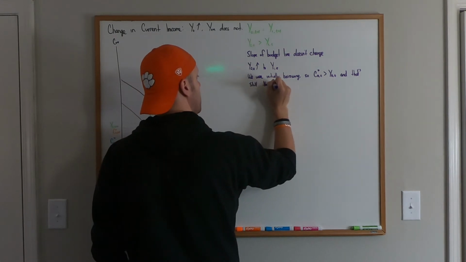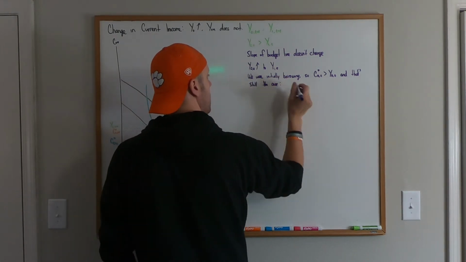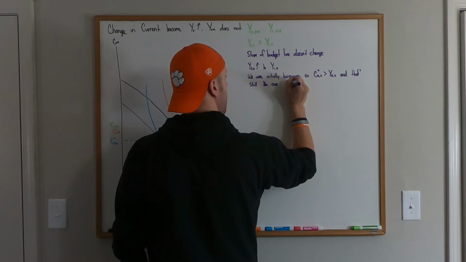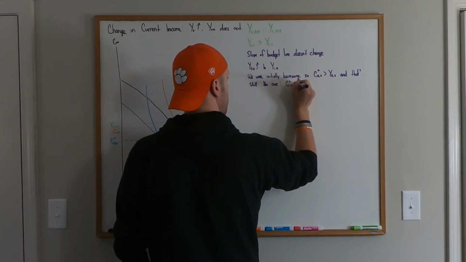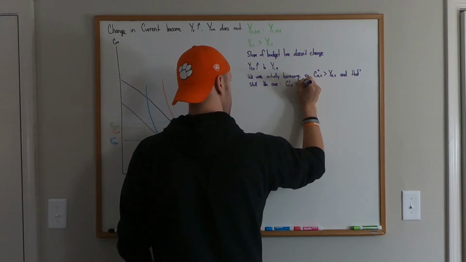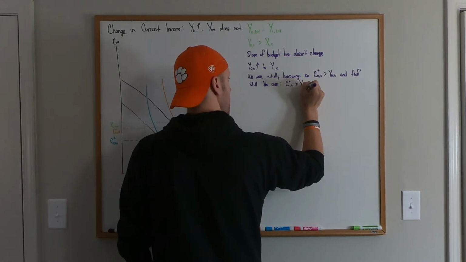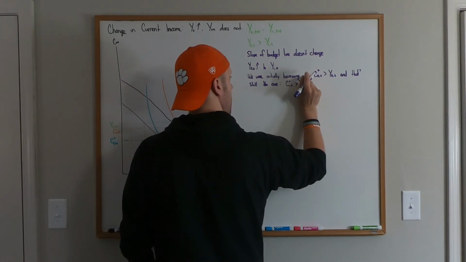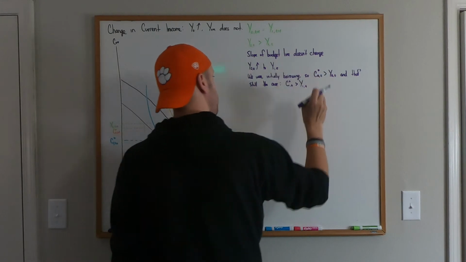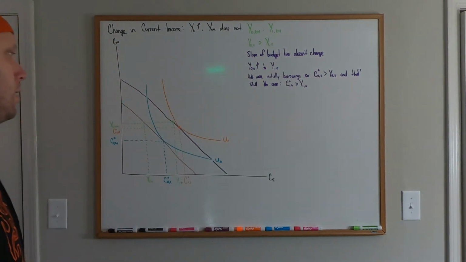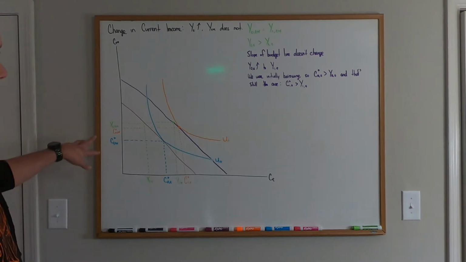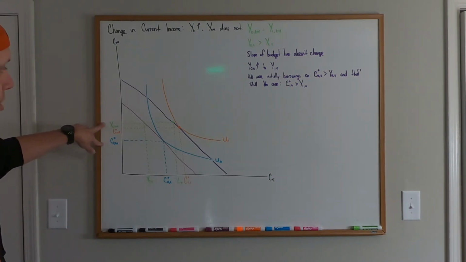And that's still the case, meaning C1 star T is larger than Y1T. But because we were initially borrowing, we still got to pay it back in the future, and the income in the future didn't change.